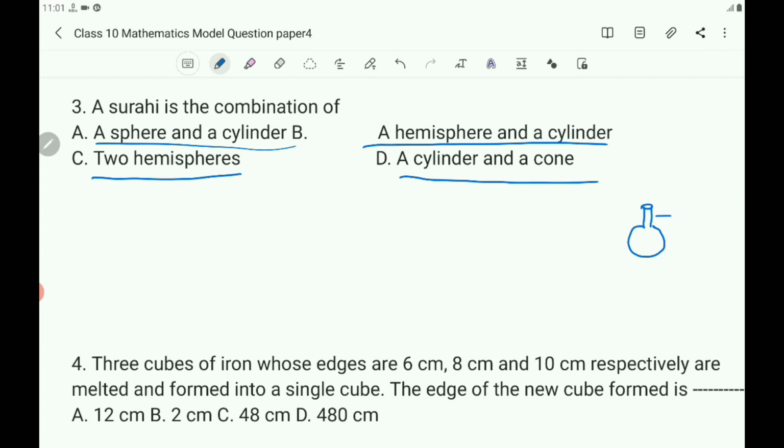You know that this is the cylindrical part, and this is a sphere. So which option is suitable here? A sphere and a cylinder. Option A is the answer. So you write a sphere and a cylinder, that is the answer.